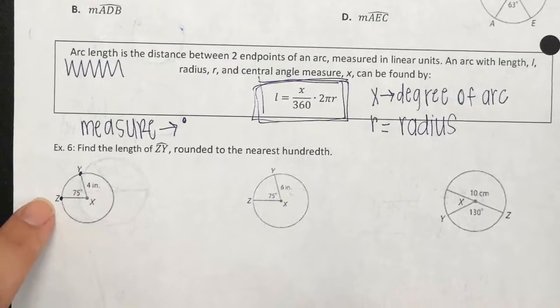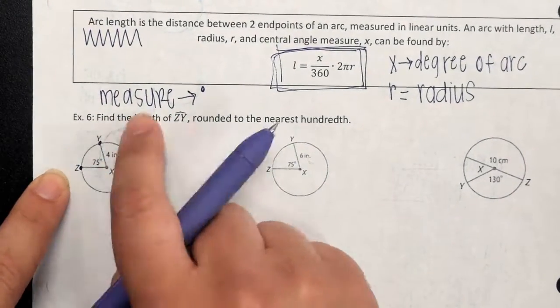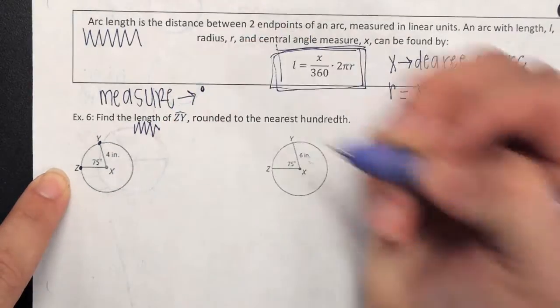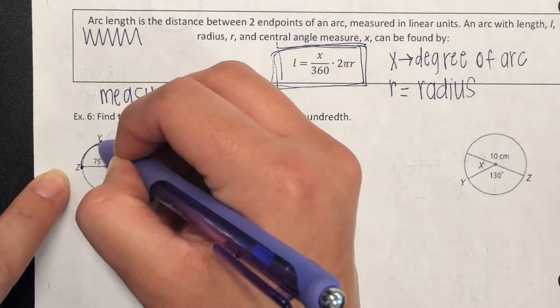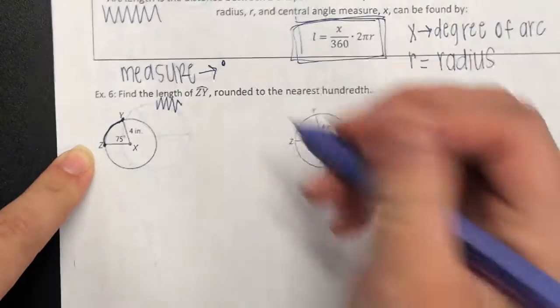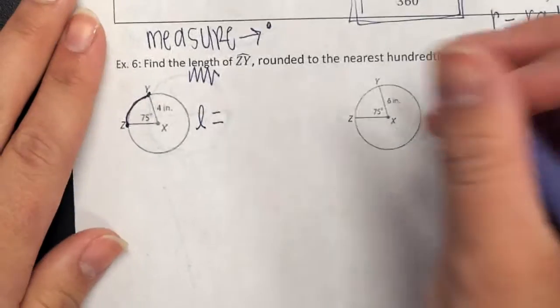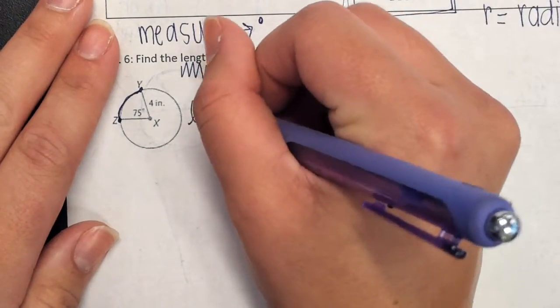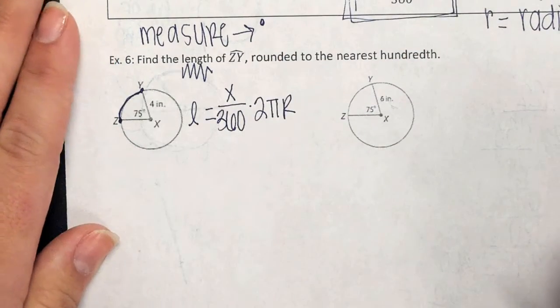So, if we want to find the length of the arc ZY, not the measure, the length. The measure is the degrees. I want to find the length from here to here. So you're going to take this formula. Ready? L equals, write this down, X divided by 360 times 2 pi r.